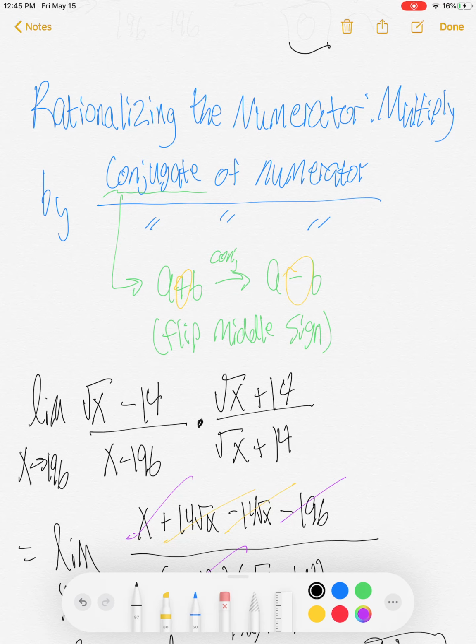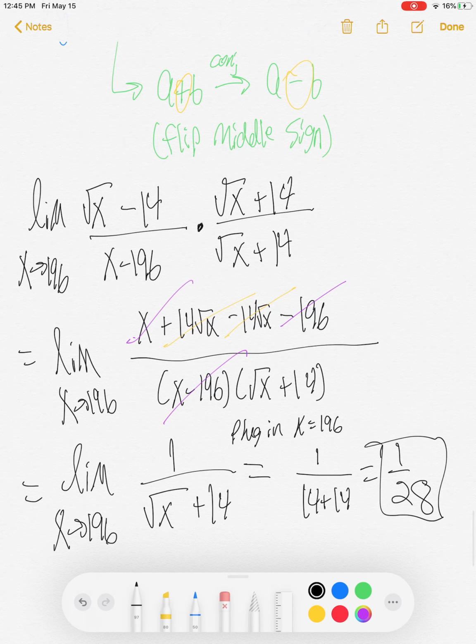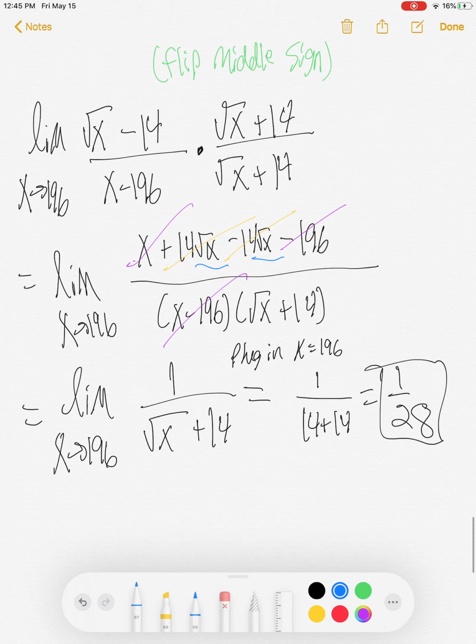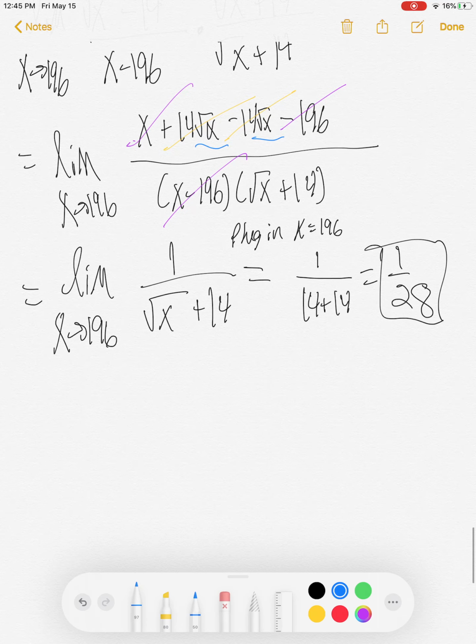Remember, the conjugate just means flip the sign in the middle of the two things. This is called rationalizing because the square roots are going to cancel out. That's not an accident. That is supposed to happen. That's the point of rationalizing the numerator. We get rid of those square roots. And then we have something which we can cancel out nicely. And then we just plug in our value, as always, at the end.